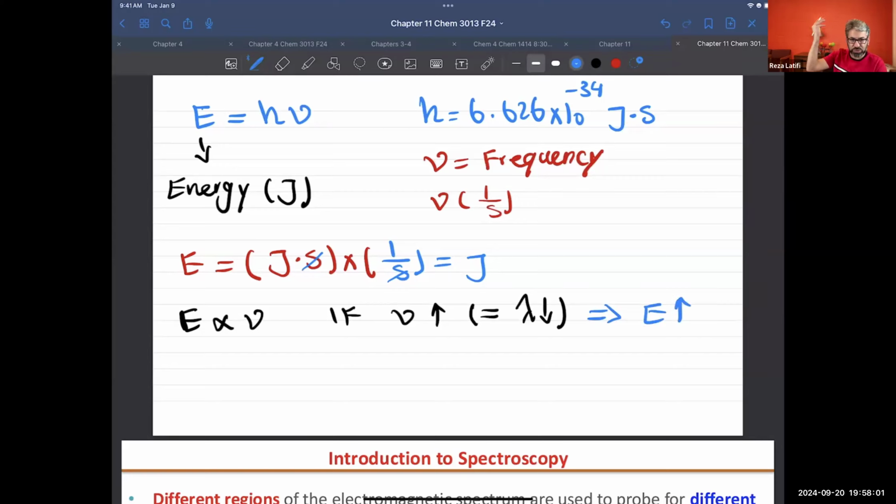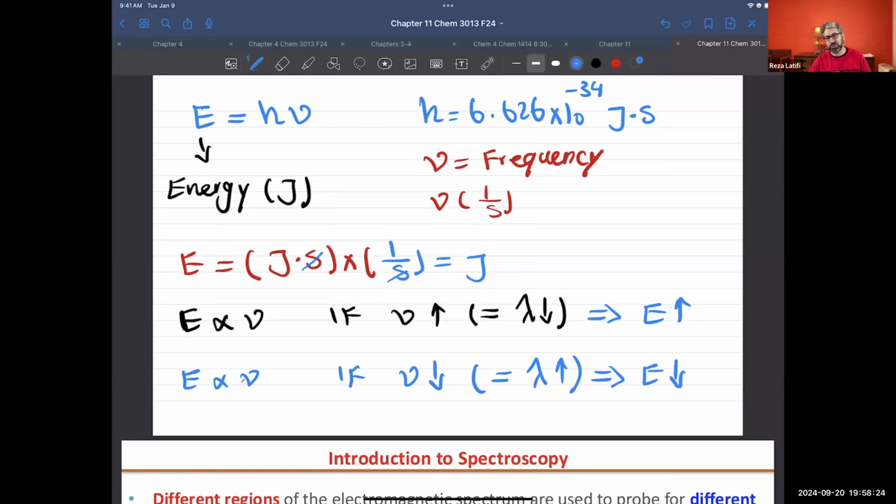So as the frequency goes up, we know wavelength is going to go down, and energy will go up. Next, if frequency goes down, which is equal to a longer wavelength, that's going to give you smaller energy.